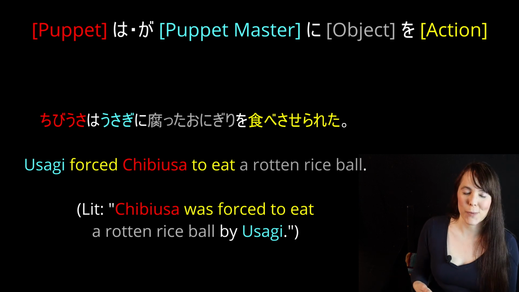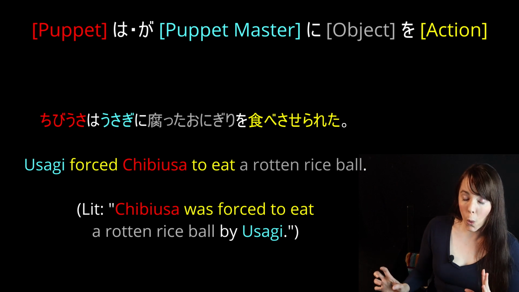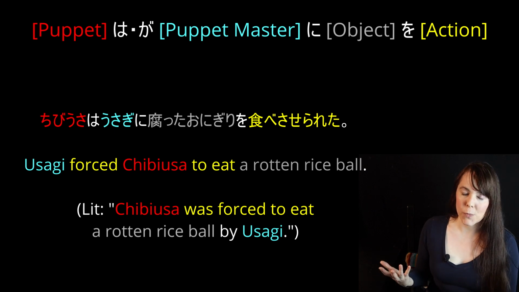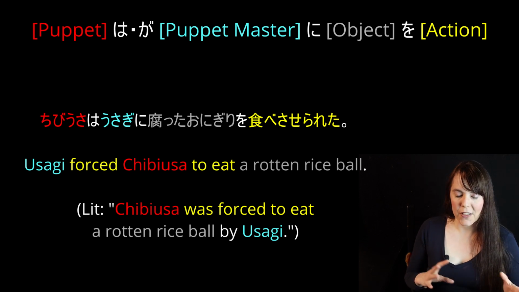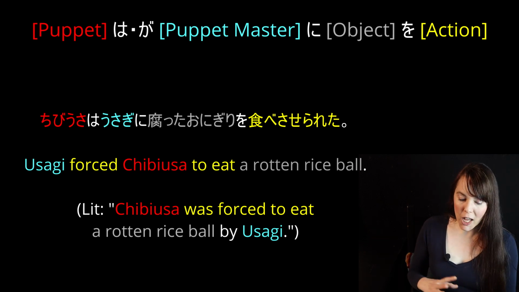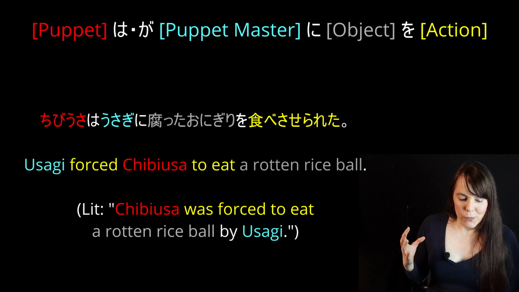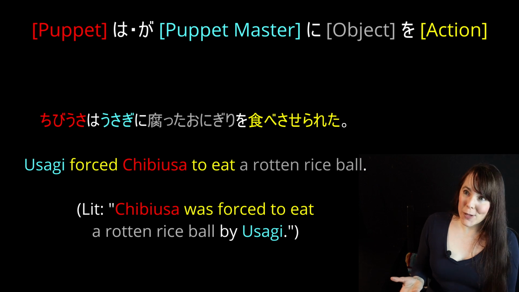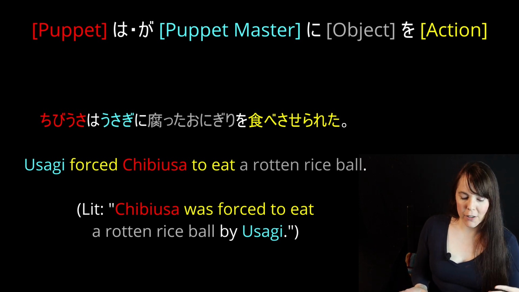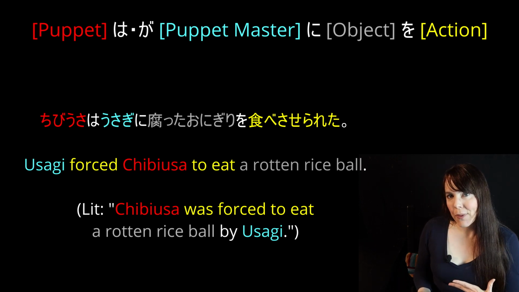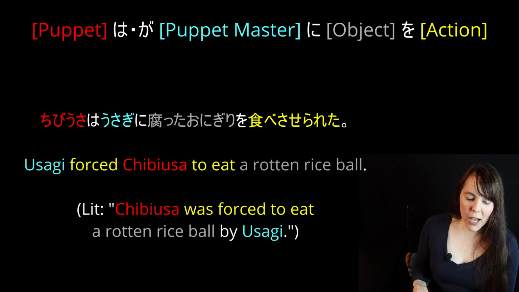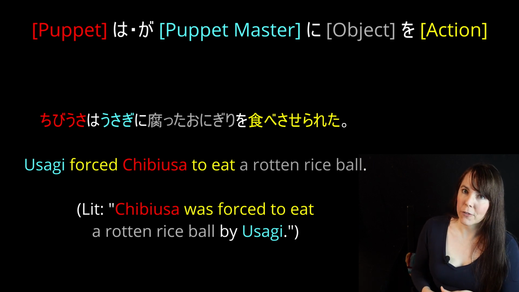What's Usagi making Chibiusa do? Kusatta onigiri, that's our object, because a wo comes after it. So onigiri, rice ball. Kusatta is rotten. So we're modifying this onigiri with kusatta, so a rotten onigiri. Wo tabesasarareta. So in literal Japanese, Chibiusa was forced to eat a rotten rice ball by Usagi. But in less stilted English, Usagi forced Chibiusa to eat a rotten rice ball.